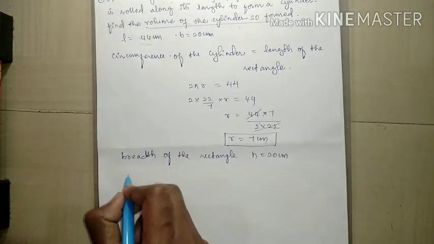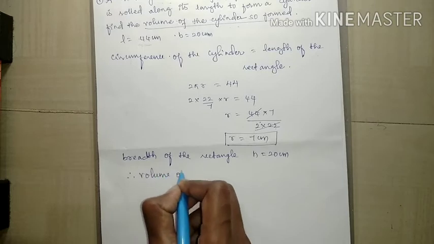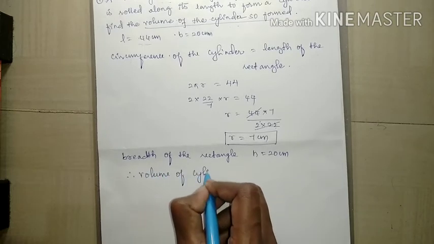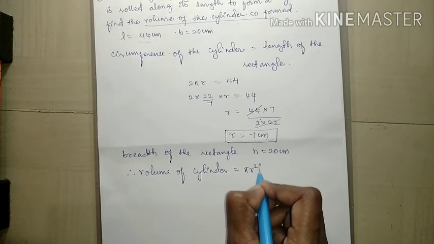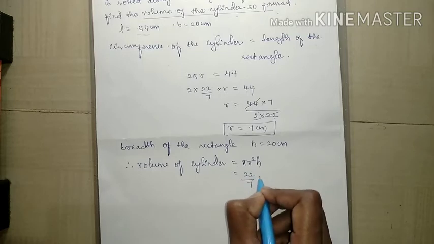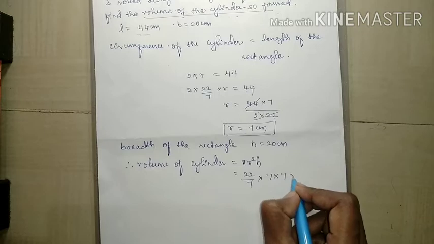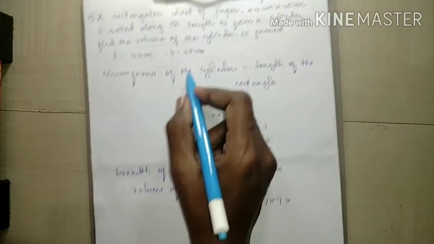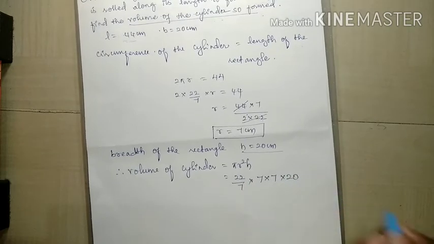Therefore volume of cylinder equal to pi r square h. So that is 22 by 7 into radius 7 square, that is 7 into 7, into height, that is breadth, here I have written h is equal to 20 centimeters.